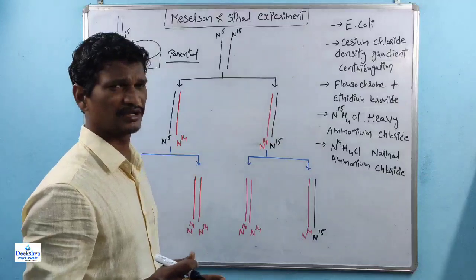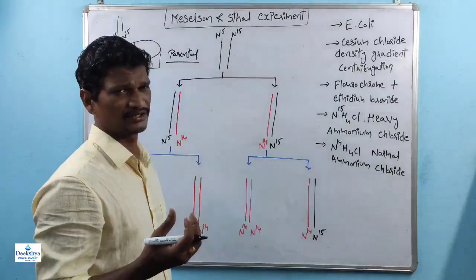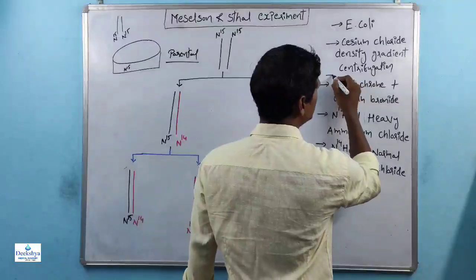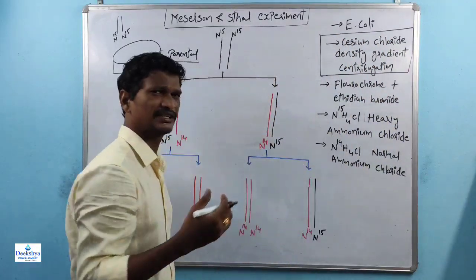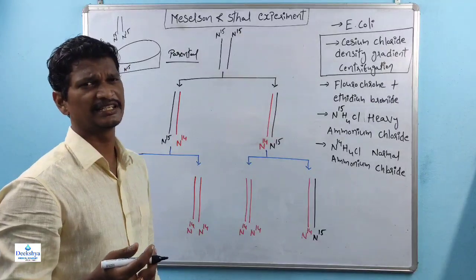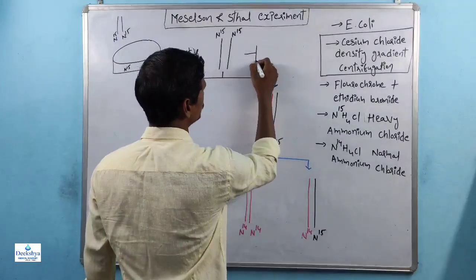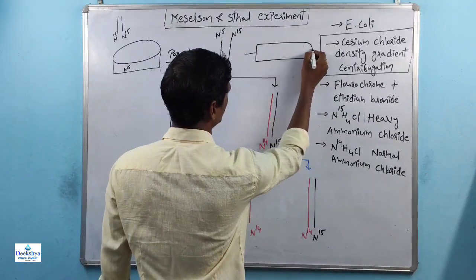Once the degradation is completed, whatever contents are present are subjected to density gradient centrifugation. Especially, this is the test tube.